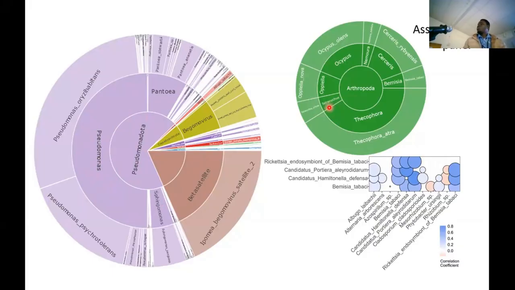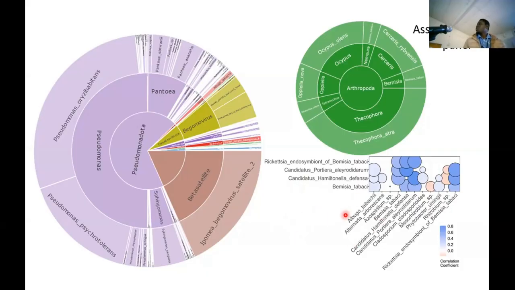So when this metagenome is subsetted at 5%, we found an insect of our interest in this study, which is Bemisia tabaci, to have a positive correlation with endosymbionts of these insects. It also has positive correlations with other microbes, but not only positive, also some negative interactions with some microbes.